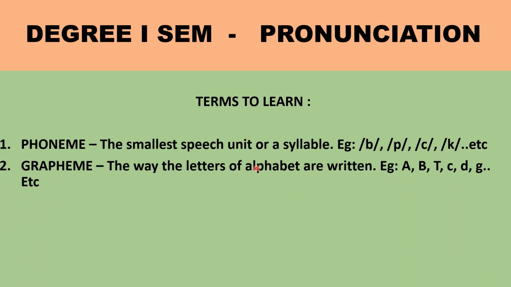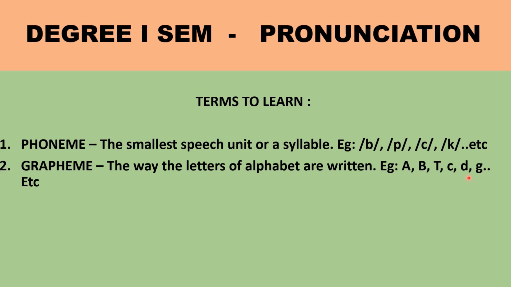Then comes graphemes. Graphemes are the way the letters of the alphabet are written. For example, this is A, B, T, C, D, and G. This is the way we write these letters. So A is the grapheme and the phoneme is A. B is the grapheme and the phoneme is B. T is the grapheme and the phoneme, that is the sound, is T. C is the grapheme and the sound is S, or K also sometimes.